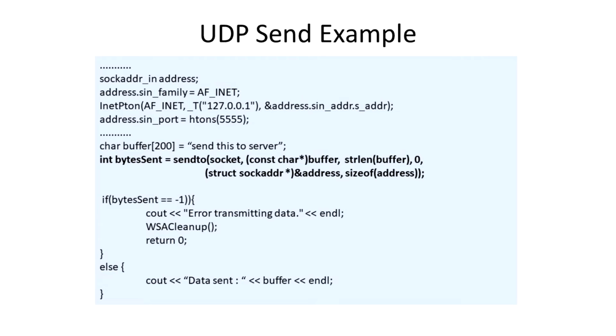So that's good. Okay, so if this goes well and we send this message to this address, then we're going to return the number of bytes sent. And if this is greater than 0, then that means we've sent some data. So therefore we trigger the else statement here. And we actually display what we sent as well. Sometimes we output how many bytes were sent, but here I think we're actually printing the details of the buffer, the char array, so we'll actually get the message being printed to the screen.